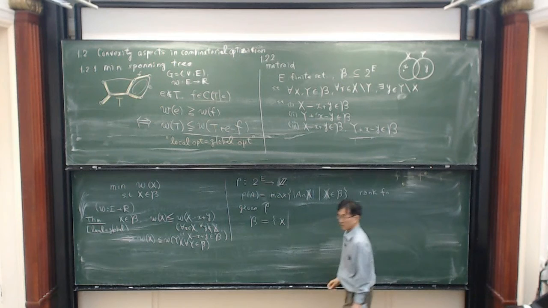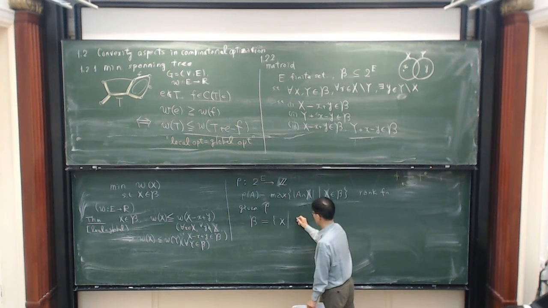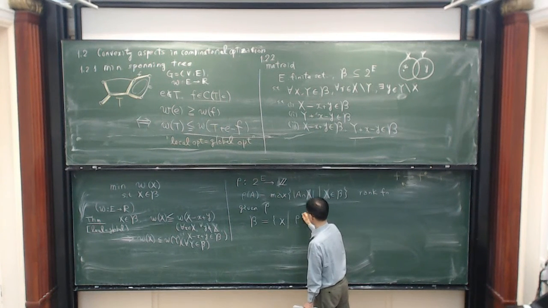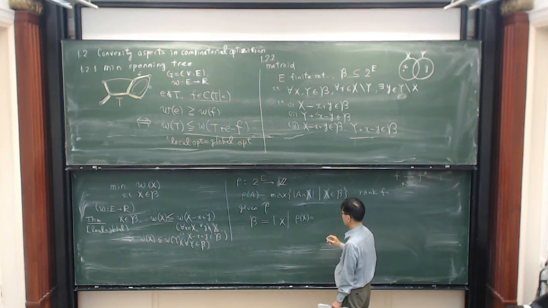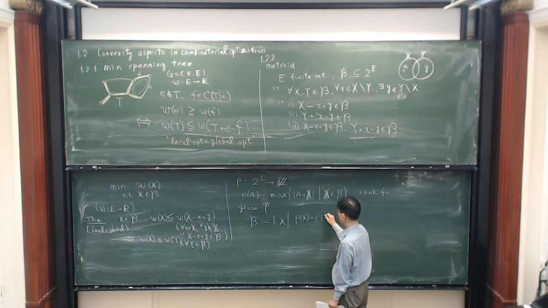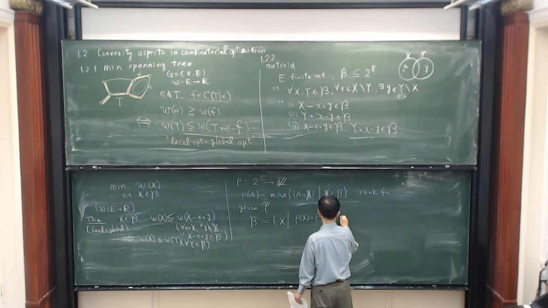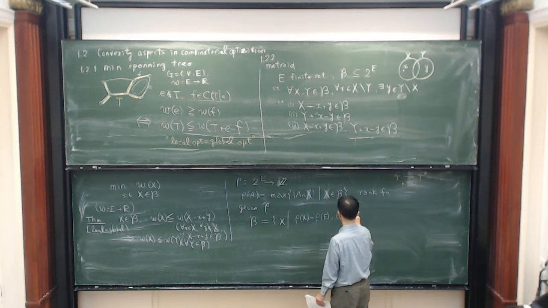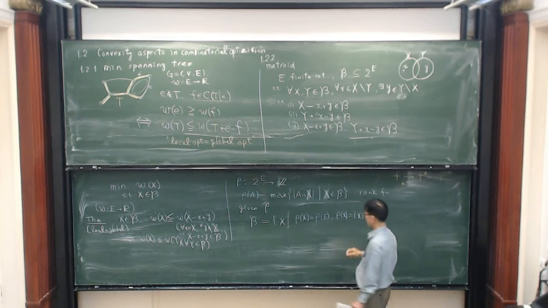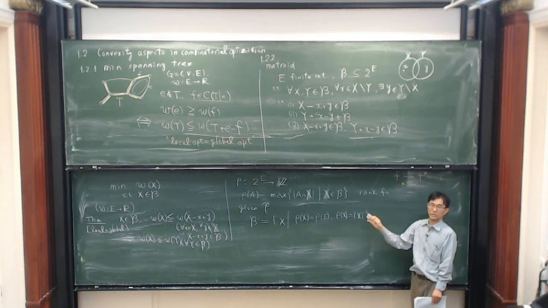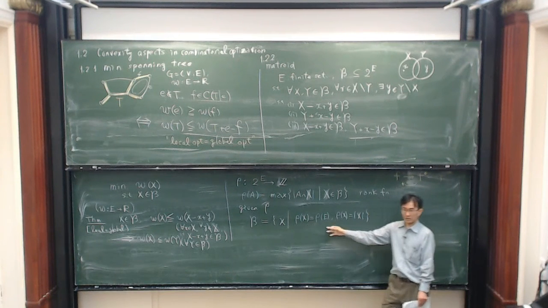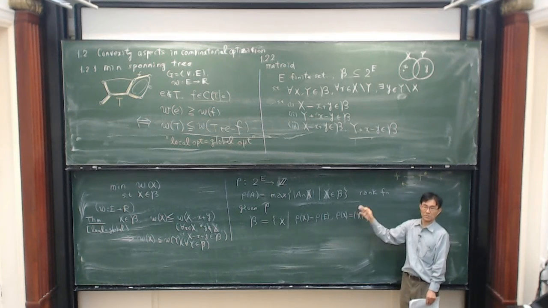X such that rho of X equals rho of E, and rho of X equals its cardinality. The second condition means it is independent, and the first is spanning. So spanning and independent means basis.